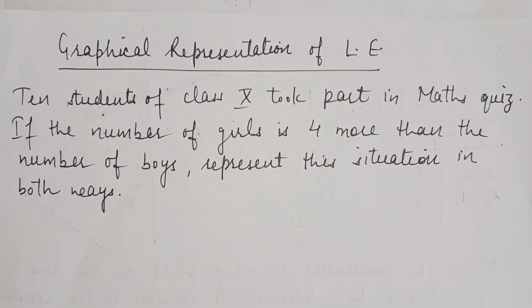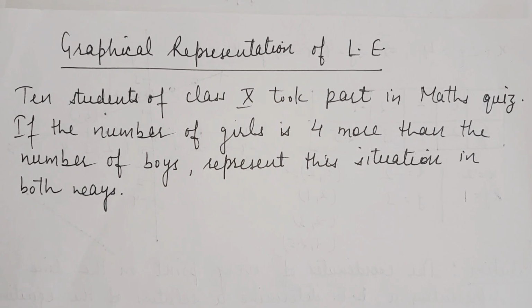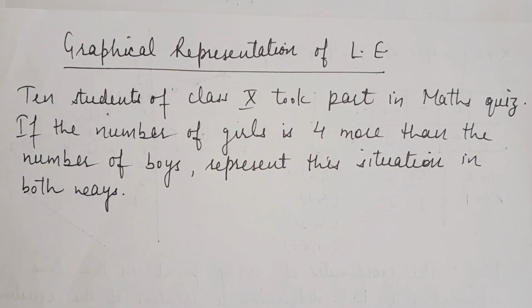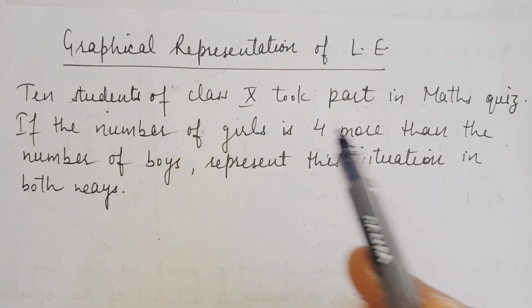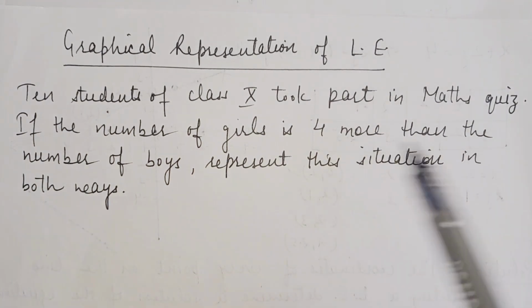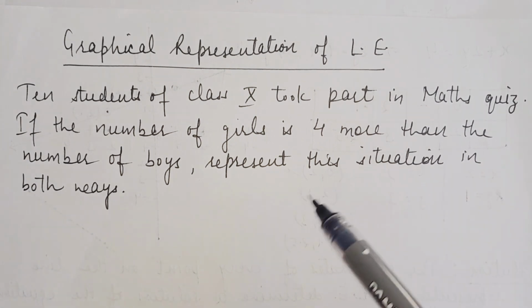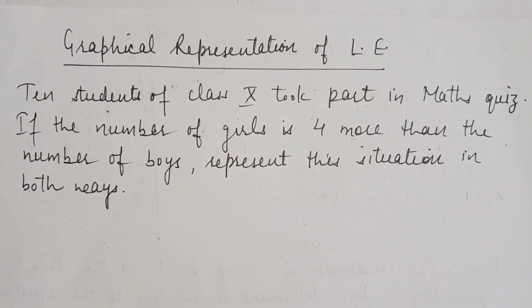We will represent this as an algebraic system of linear equations. 10 students of class 10 took part in a maths quiz. If the number of girls is 4 more than the number of boys, represent this situation in both ways. One way is the algebraic representation and the second one is the graphical representation.